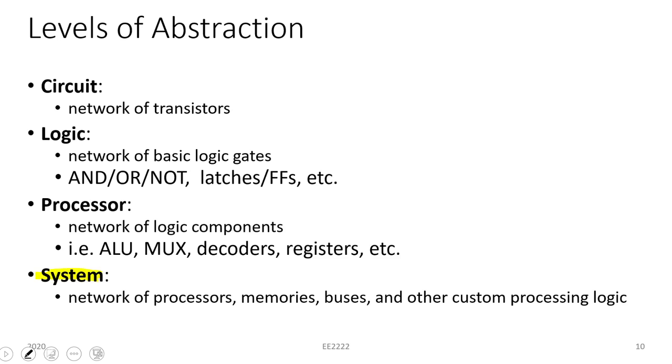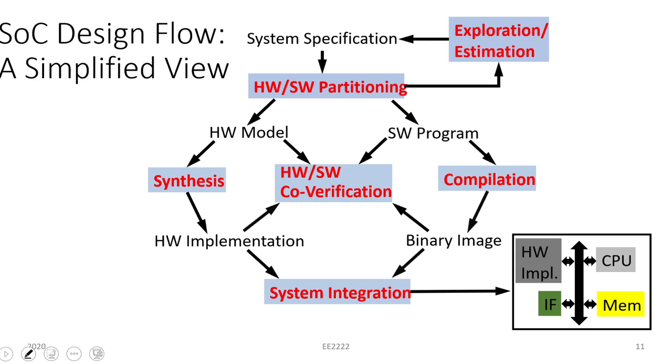And system on a chips are the next level of abstraction where, in addition to the processors, we also include memories, buses, and other processing logic at that level of abstraction. So again, we go to the next level of abstraction to gain certain advantages in terms of design and things like that.